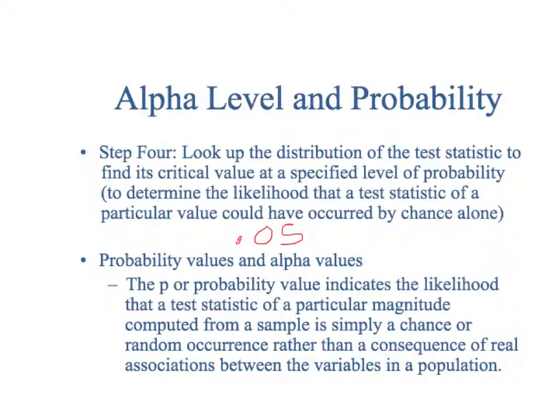And so we are going to use that level, and we're going to use the table that's been distributed to you through OpenClass, and also it's in your textbook to find that critical value. So we're going to look down the column that says DF, degrees of freedom, and then over to the 0.05 level of probability to get our critical value.